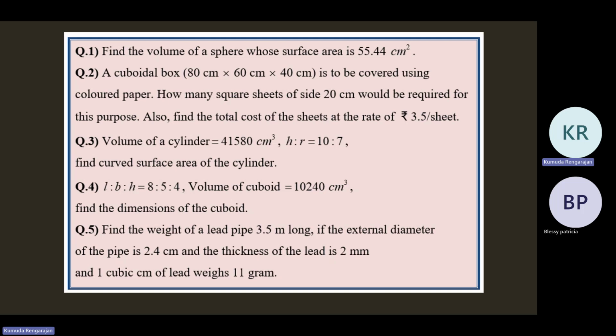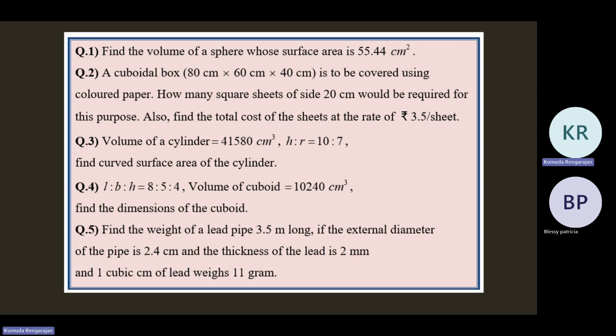So the first question, we need to find the volume of a sphere. What's the formula to find the volume of a sphere? Who can answer from the girls? Yes, Sahana.